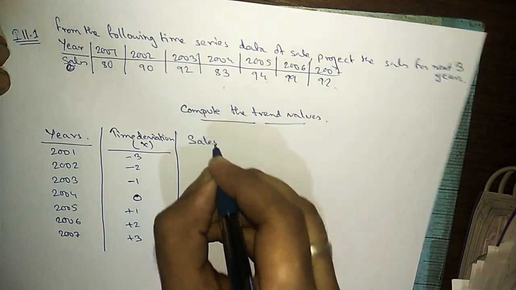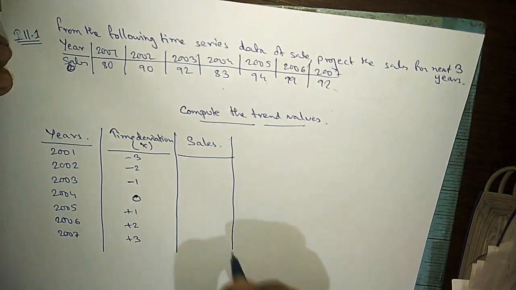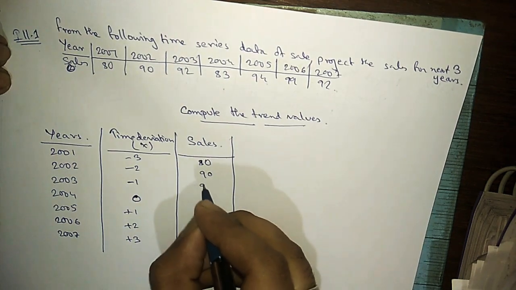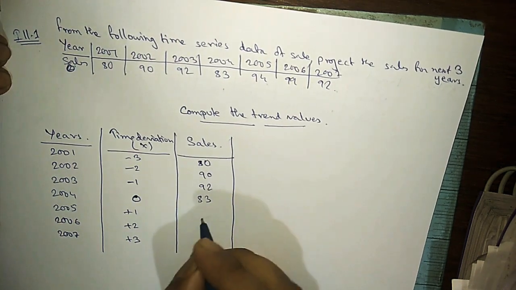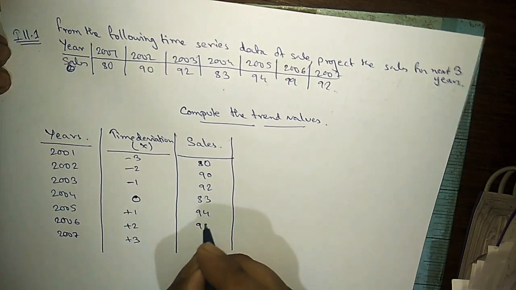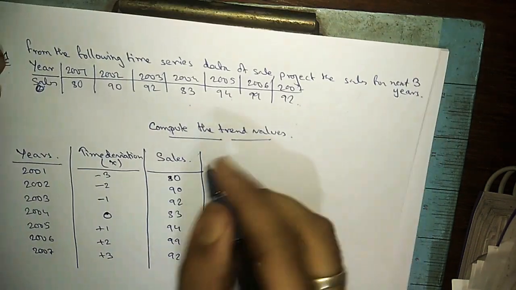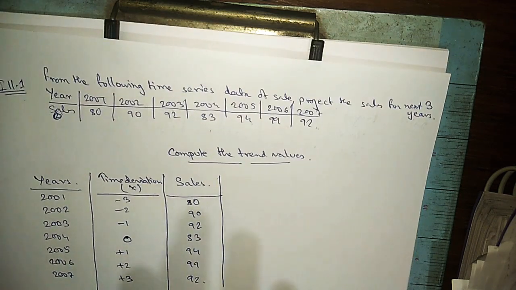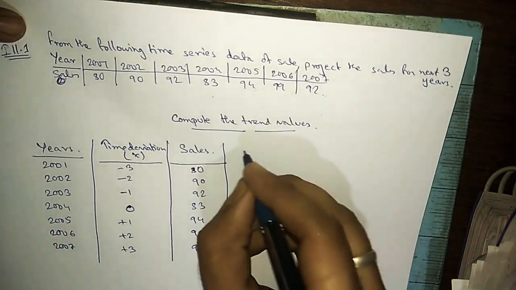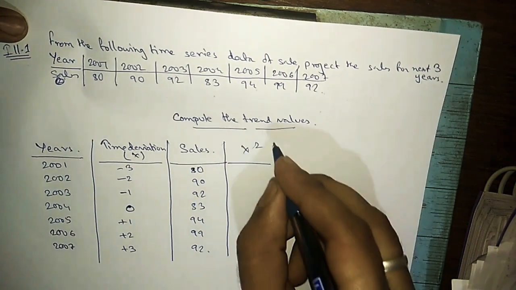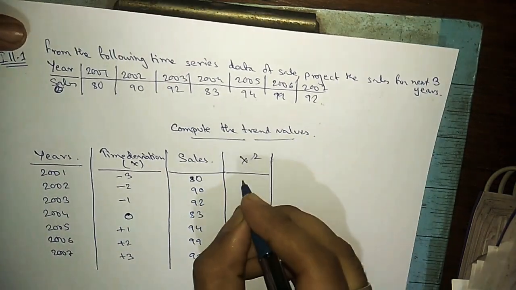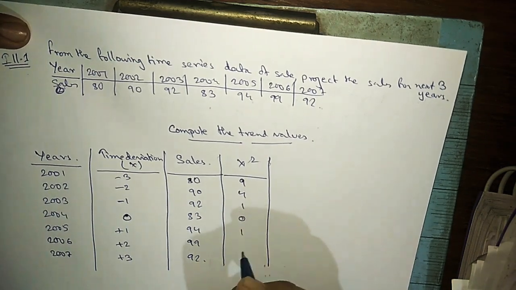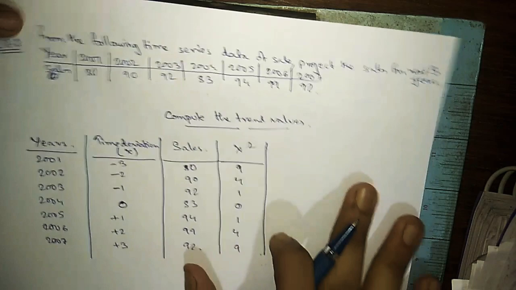Now sales: 80, 83, 94, 99, 92, and now next is x square: 9, 4, 1, 0, 1, 4, 9.